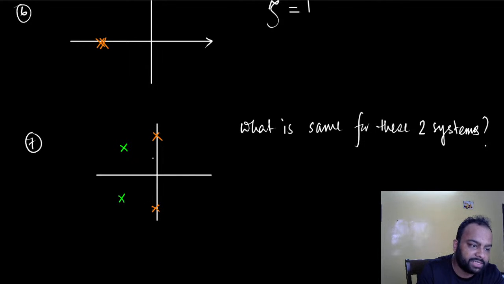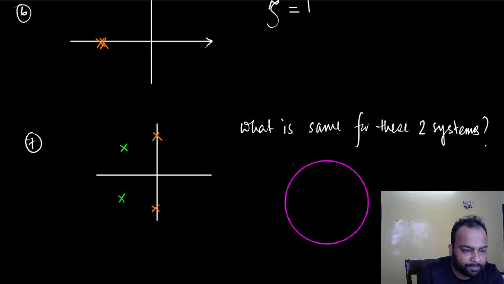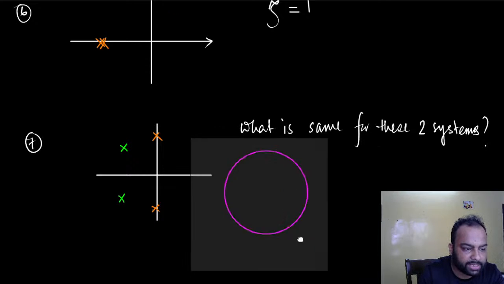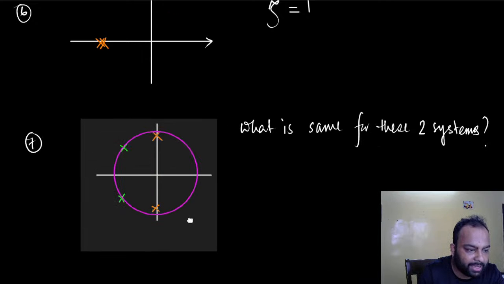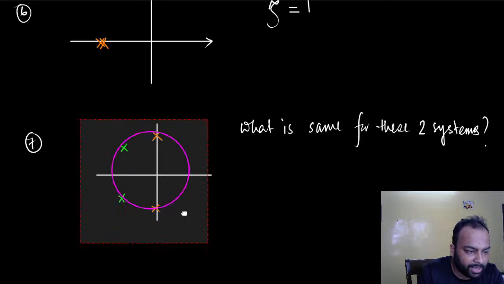Now, of course, for this system, what is the same? Okay, I did make a poor drawing, but you can understand the point here. If you draw a circle, which I am trying my best to do right now, they would be roughly on the circle.